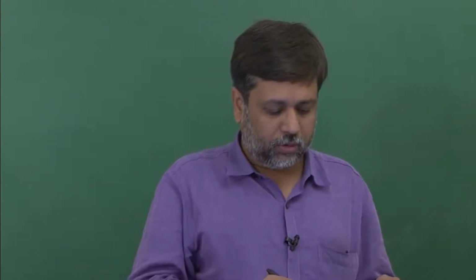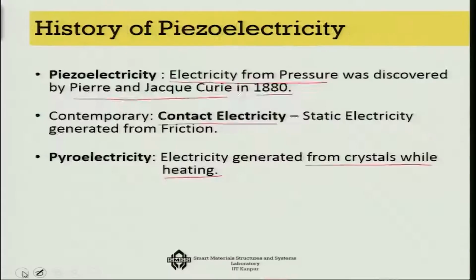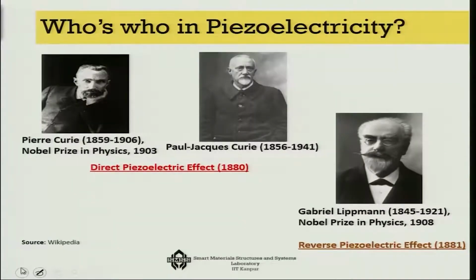Now, that was the first experimental observation of piezoelectricity, and in 1903 Pierre Curie got the Nobel Prize on this, that pressure is generating electricity, which is also known as the direct piezoelectric effect.